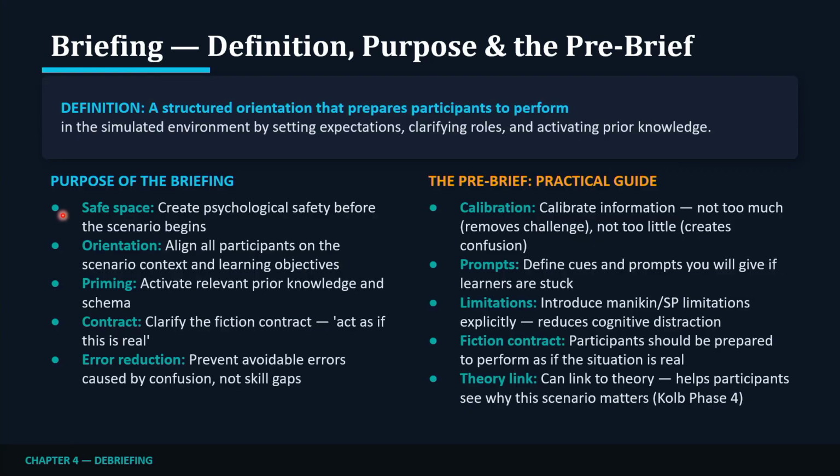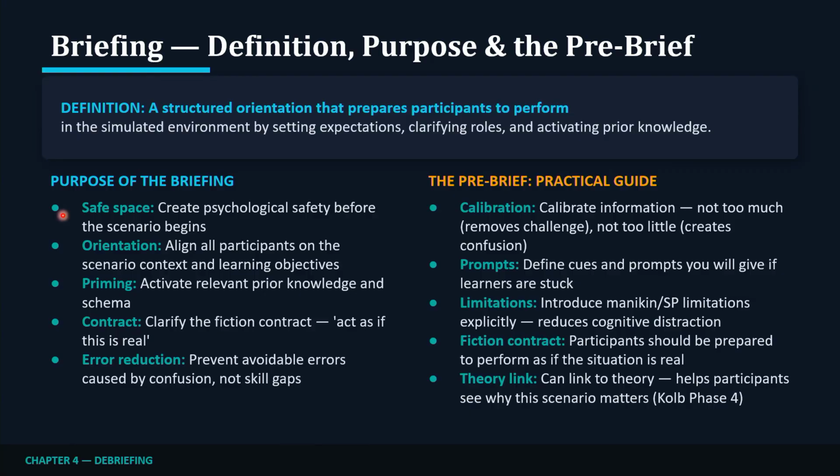The third goal is priming by activating relevant prior knowledge and schema. The fourth goal is contract, clarify the fiction contract, act as if this is real.